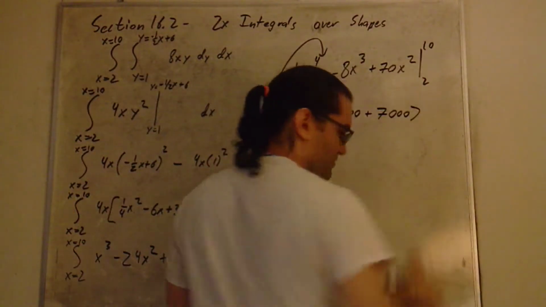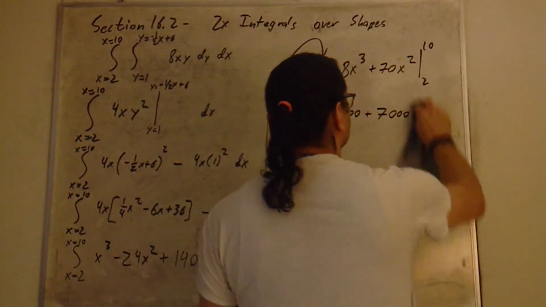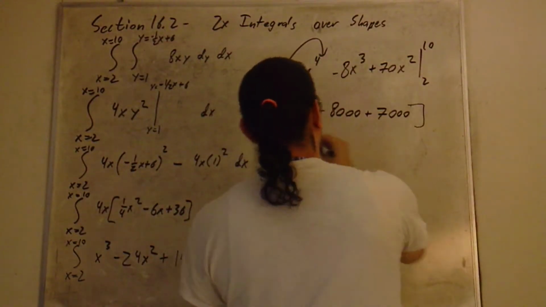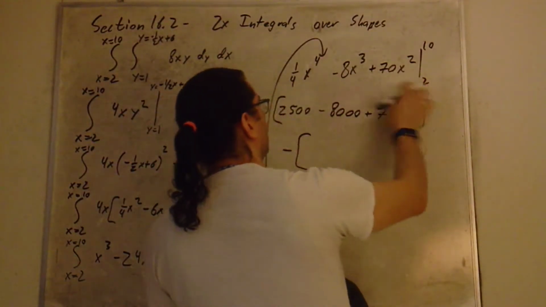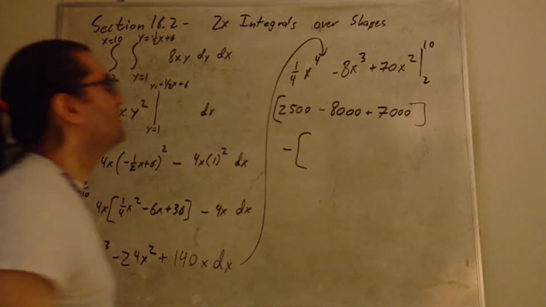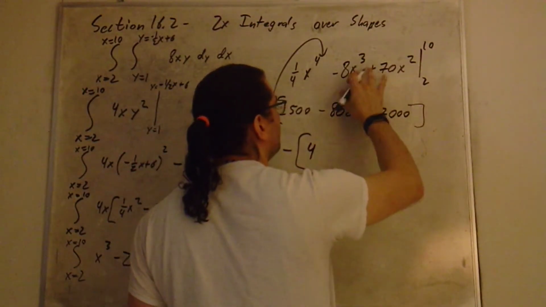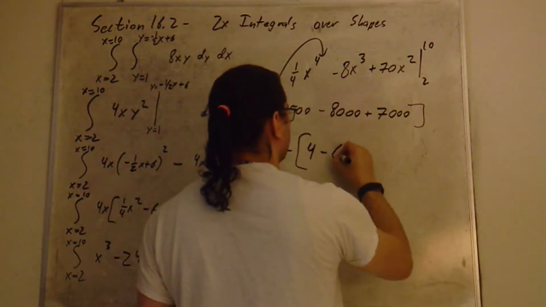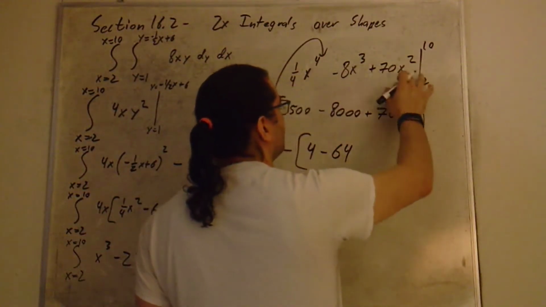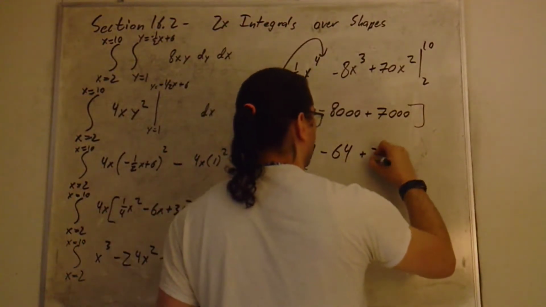So this is what happens when you evaluate at 10. Minus 2 to the 4th is 16 times 1/4 is 4. 2 cubed is 8, times 8 is minus 64, and 2 squared is 4, times 70 is 280.